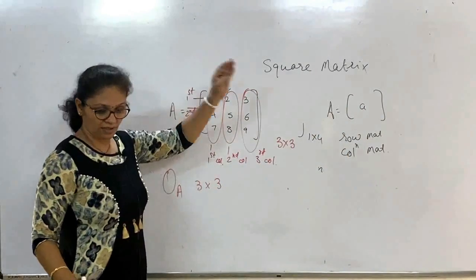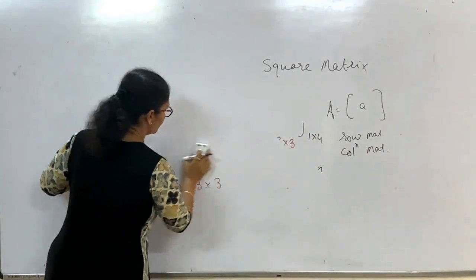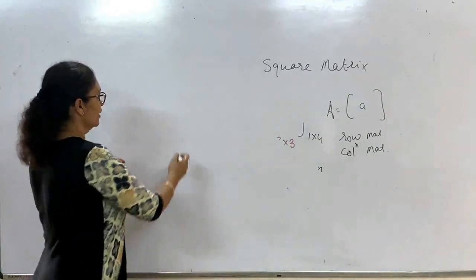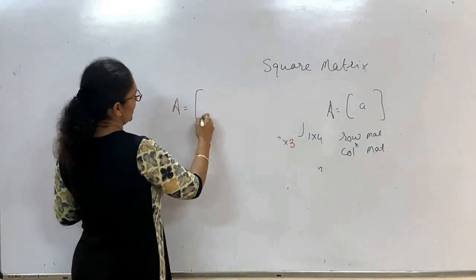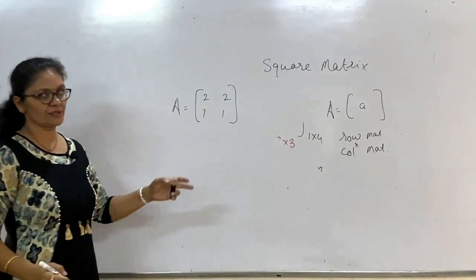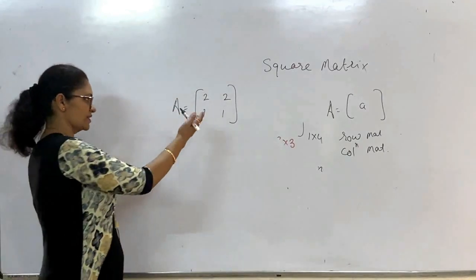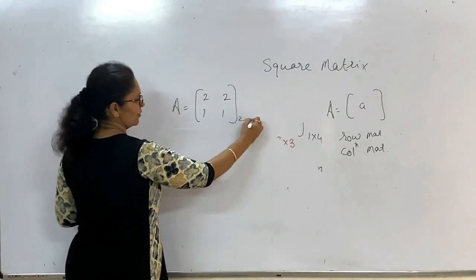It is not necessary that only 3 by 3 is a square matrix. You can write a 2 by 2 square matrix, and 4 by 4 also, but square means the number of rows and the number of columns are the same. This is a 2 by 2 square matrix.